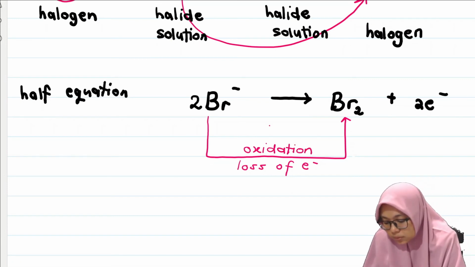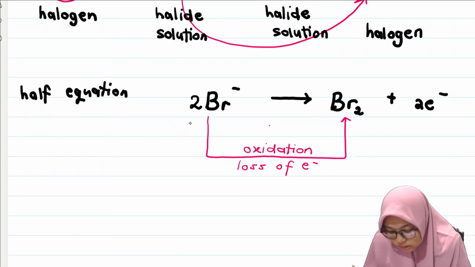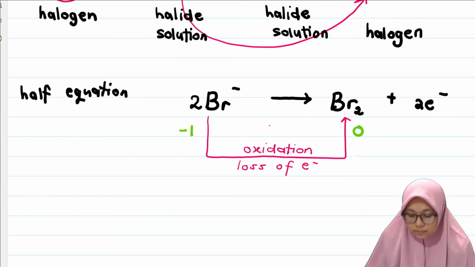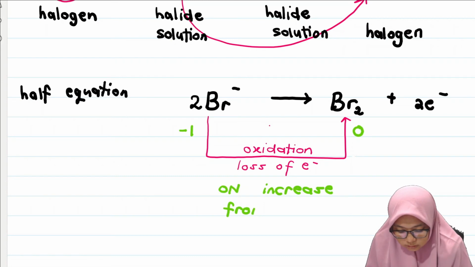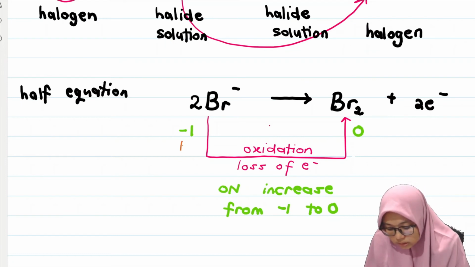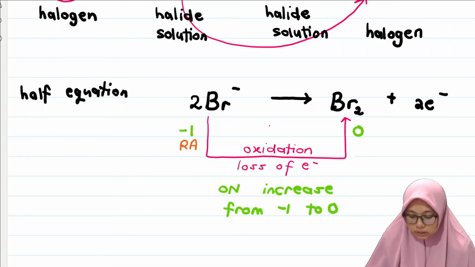If you want to explain it in terms of change in oxidation number, you'll see that the bromide ion oxidation number is -1, and the bromine molecule is 0, because bromine molecule is an element. So the oxidation number increases from -1 to 0. The substance that undergoes oxidation is a reducing agent. So this is the reducing agent.